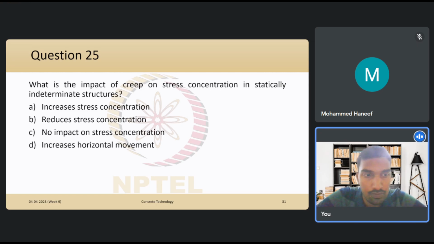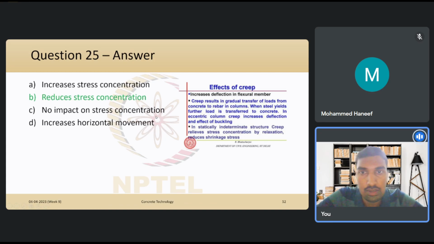Okay, we have one vote for option B. So the right option is B, that it reduces stress concentration.